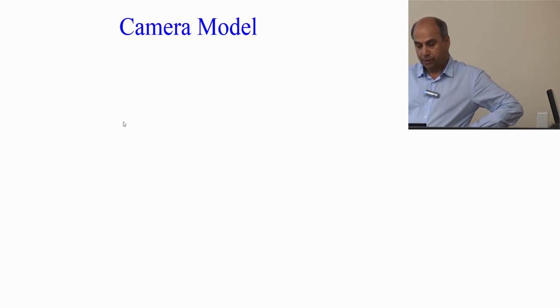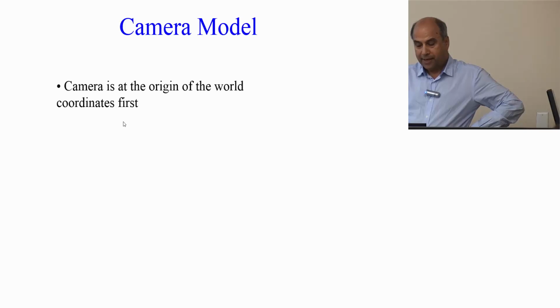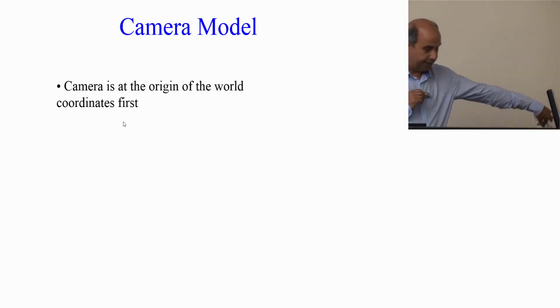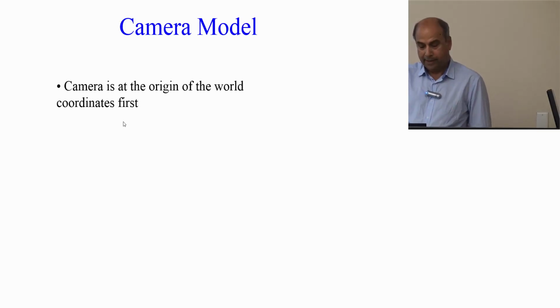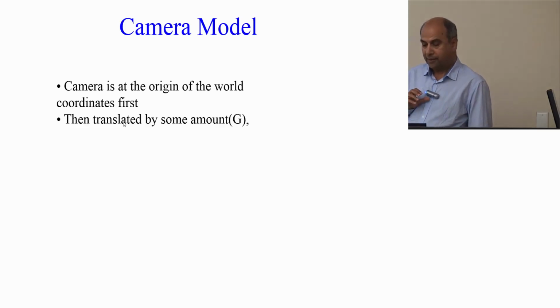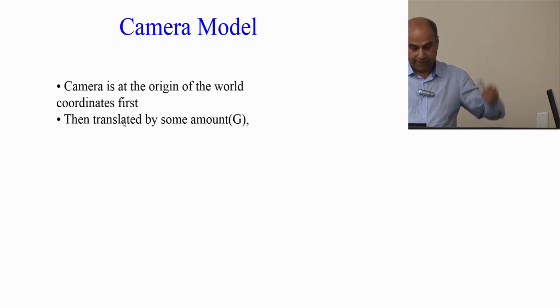So let's look at a simple camera model that we will use these transformations on to make it realistic. Let's say the camera is at the origin of the world coordinate, so maybe the world coordinate is here somewhere. Then we translate the camera by some amount, say G. It's a 3D translation, so suppose we take it and put it here.